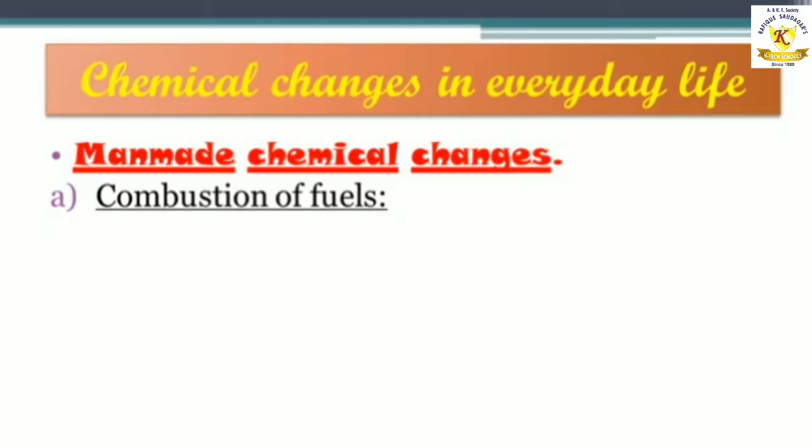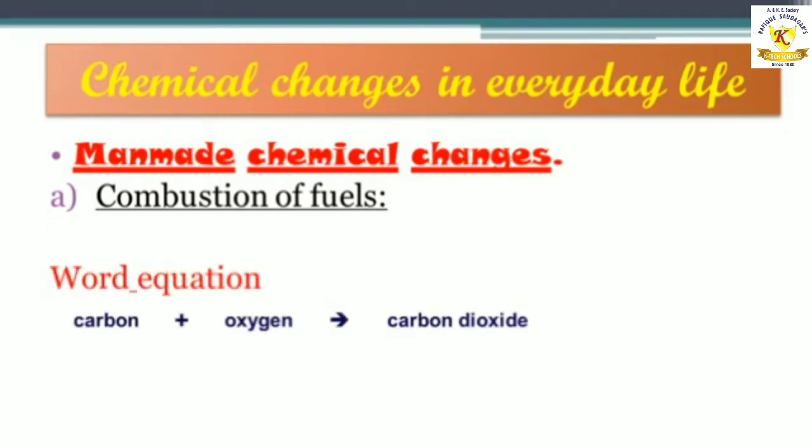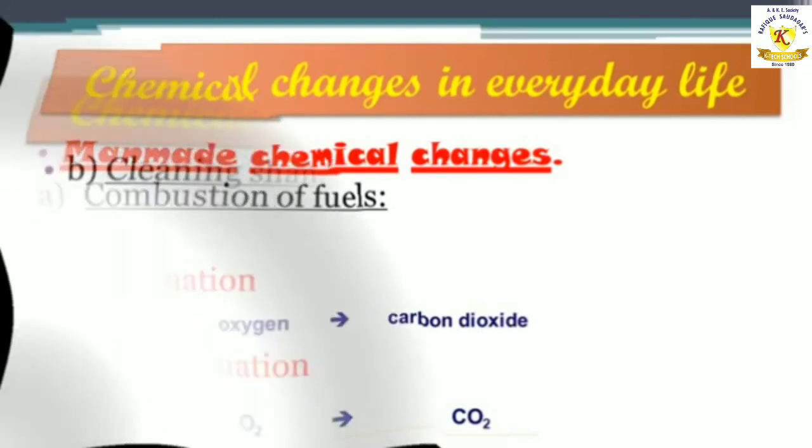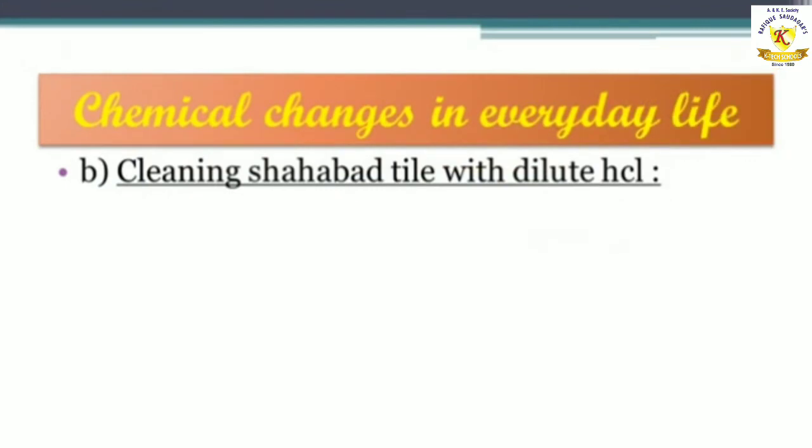So a common equation can be written for all these combustion processes. That is, carbon plus oxygen gives us carbon dioxide, and the chemical equation is C plus O2 gives us CO2. Combustion of fuel is a fast and irreversible change.